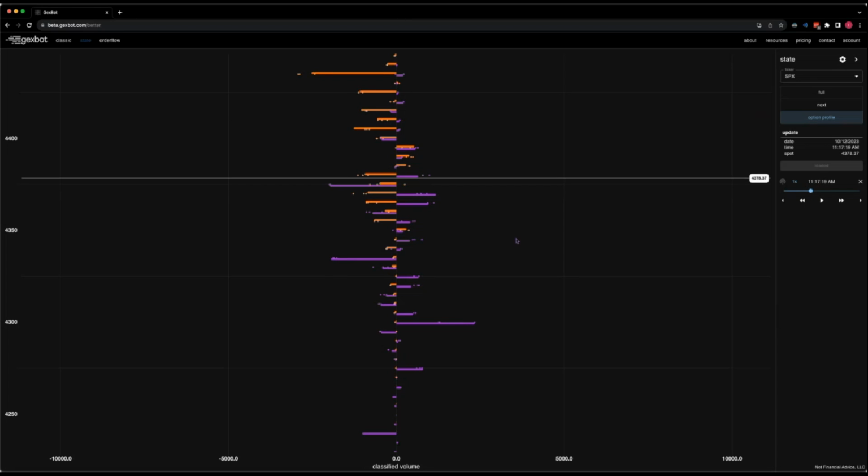For all these charts, I should mention you can change the colors. Maybe we'll get into that later. But with the default colors, purple is puts and the lighter orange color is calls. So here, for instance, at 4435, you can see there are a lot of short calls. Here at 4300, you can see there are a lot of long puts.